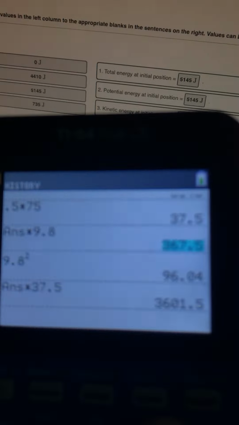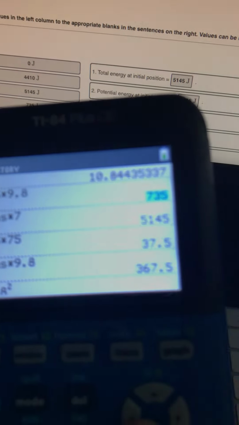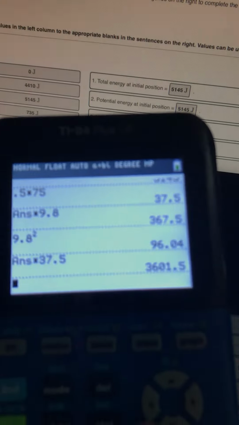total energy is the 5,000 that we got on the calculator, okay? 5,145, okay? And there is a gap, so we're gonna take 5,145 divided by 7, okay? So we get per each meter. So if you do here, you got 735. So this 735 is the potential energy at the bottom of the track.